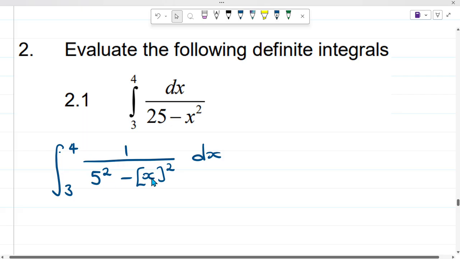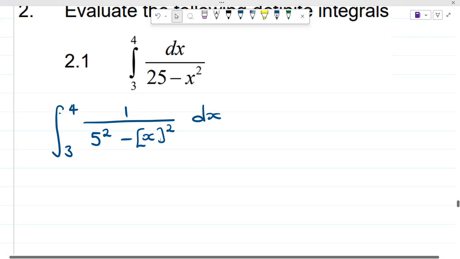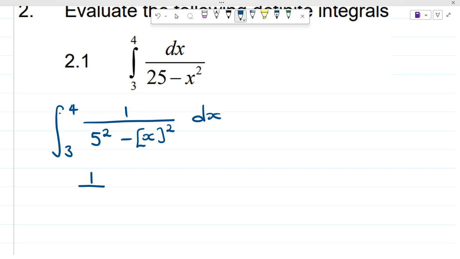So I know that I'm dealing with hyperbolic tan inverse. So before I conclude, I also need to make sure that on my numerator I have the derivative of whatever thing that is squared here. So the derivative of x is 1, the one that we already have here. So that means here for this question we're just going to conclude that the answer for this integral is just 1 over a. Our a is 5, right?